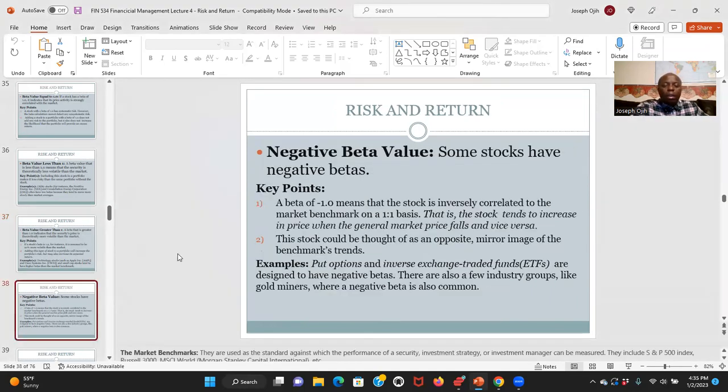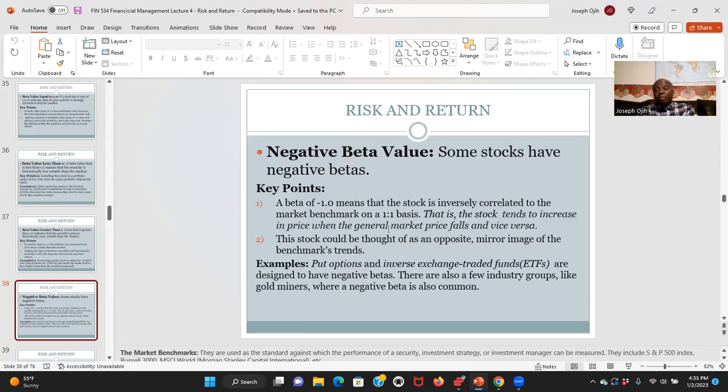Now, negative beta value. Some stocks have negative betas, and when a stock has a beta of -1, for example, it means that the stock is inversely correlated to the market benchmark.